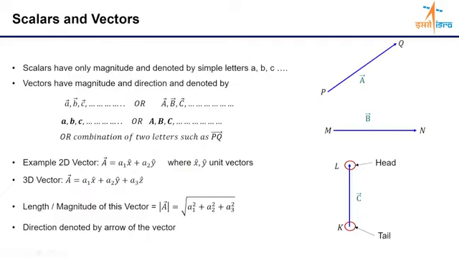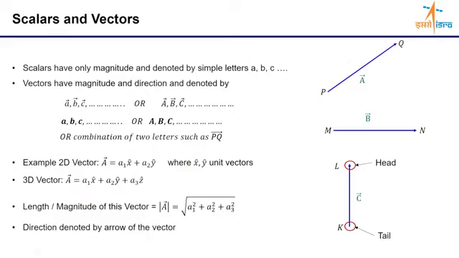In general, a vector is represented by a line with one arrow like this. The vector starts from here and ends over here. You can write the starting point as P and the ending point as Q. The length from P to Q is called the magnitude of this vector, and the direction of the arrow denotes the direction of this vector.